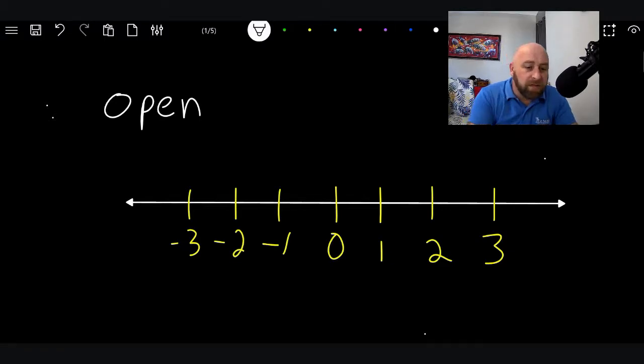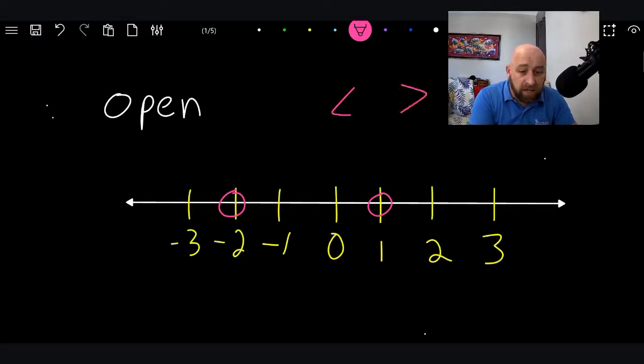If you have a problem and it gives you one critical number of -2 and one critical number of -1, for example, or +1, open means that I do not color these in. Okay, so that means that it's going to have this type of sign, one of those two, either greater than or less than.